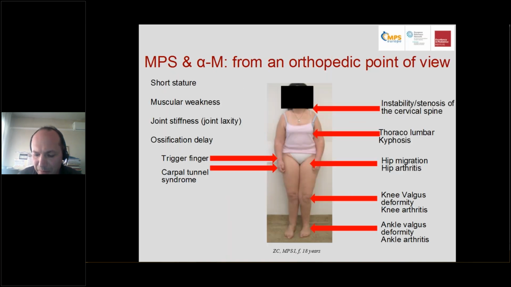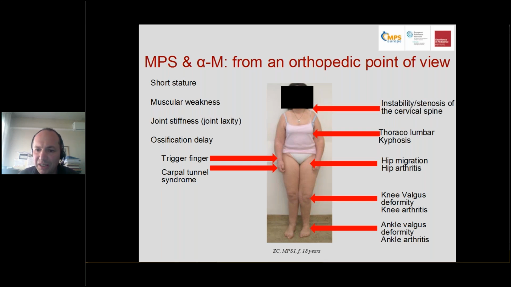From an orthopedic point of view, we can have short stature, muscular weakness, joint stiffness, ossification delay, and in the hand, trigger finger and carpal tunnel syndrome. In the spine, instability of the upper cervical spine and the very typical thoracolumbar kyphosis. In the hip, we have hip migration and hip arthritis.